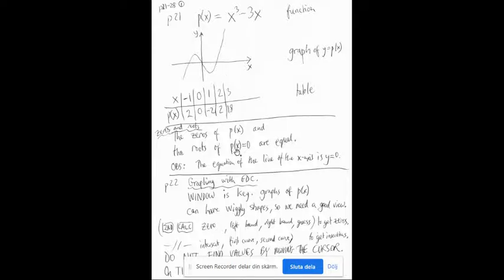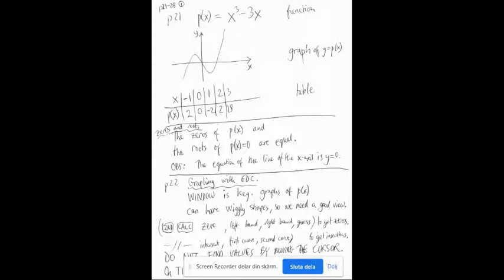Those x values are going to be the roots of that equation, and those x values are the zeros of the function p of x.